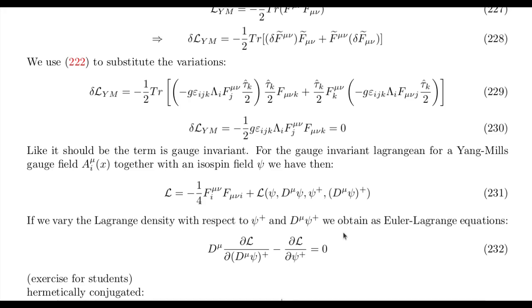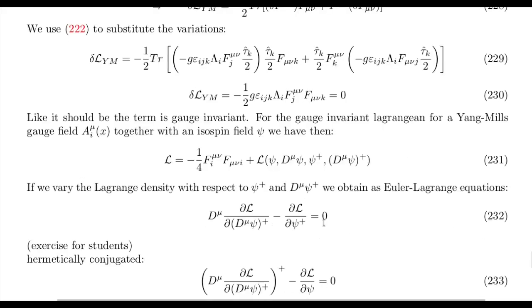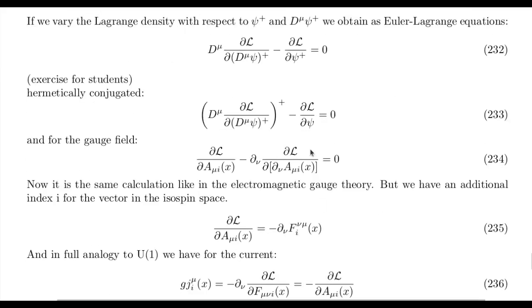So if we vary with respect to psi plus and d psi plus, then we get this. This is an exercise for students. We have executed such a variation calculation several times.